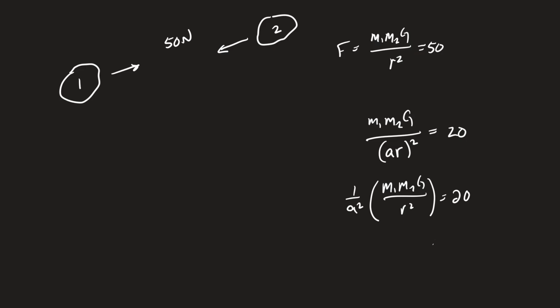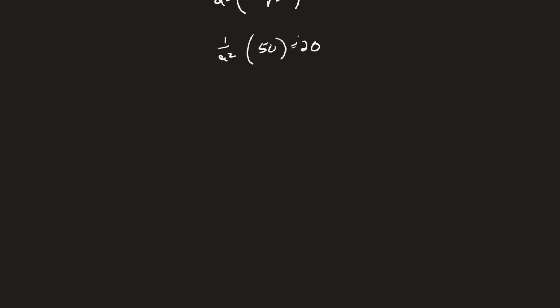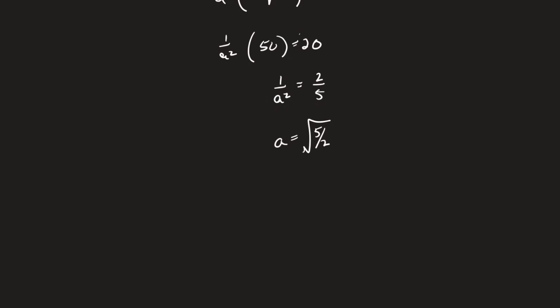So pull your modification out, build your base formula, and then do substitution. That's it. Solve that for A. So I'll get 2/5 equals 1 over A squared. So A is the square root of 5/2.